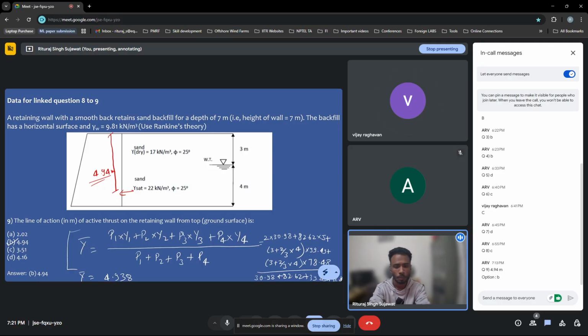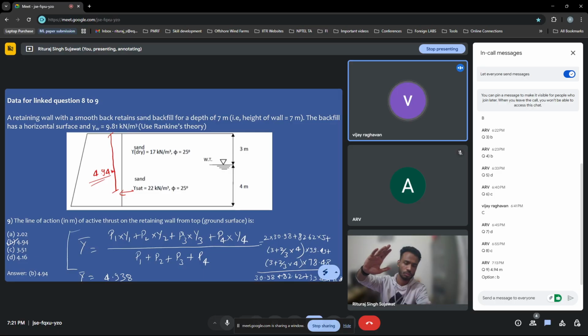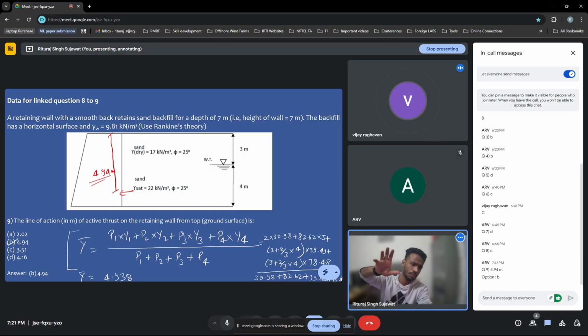It's from the top. Whatever reference line you have selected for the individual forces and their lever arms, the same reference will be given for the whole soil medium for the line of action.